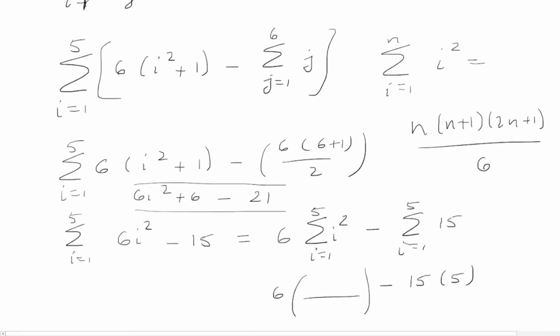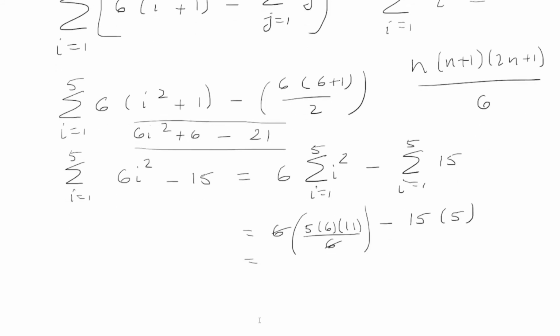For us, n is going to be 5, so it's 5 times 5 plus 1 times 2 times 5 plus 1 all over 6. The 6's are going to cancel. We have 5 times 6 is 30 times 11 is 330 minus 15 times 5 is 75. So this is 255.